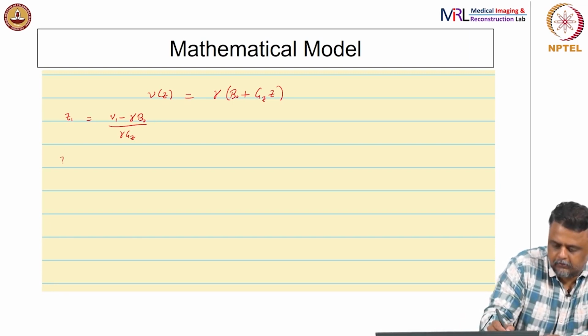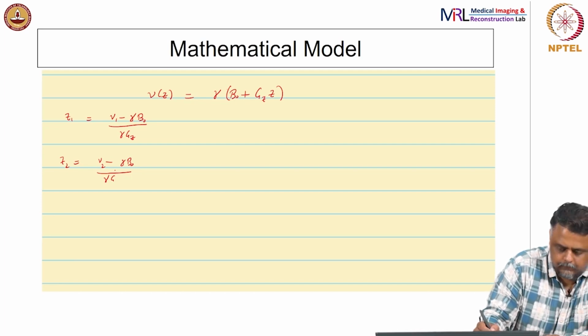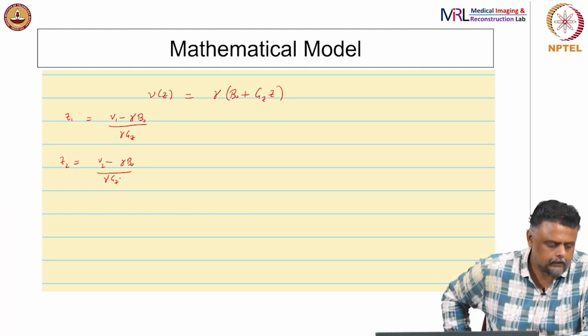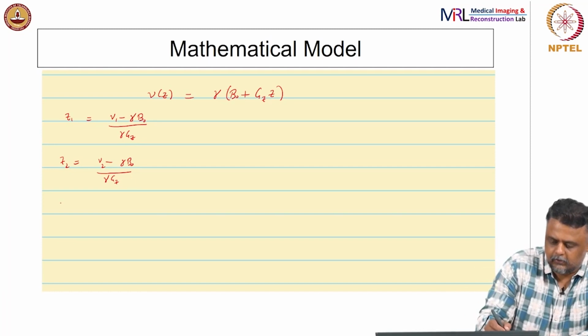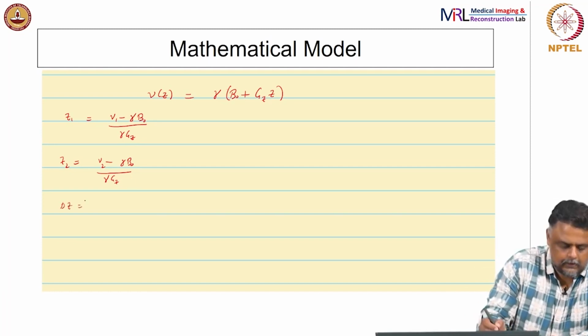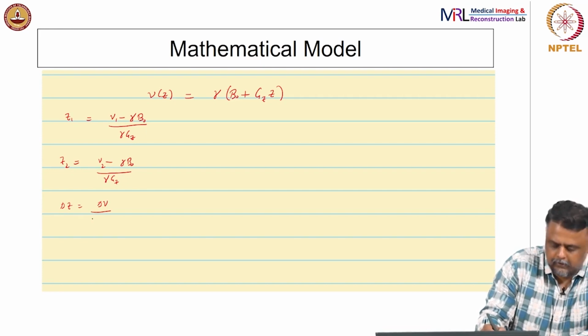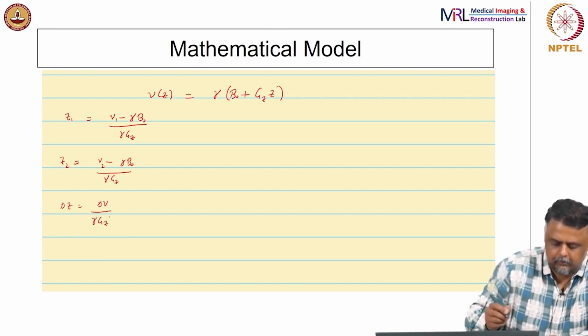Similarly, for z2 we can write, and then after some algebra we can write your slice thickness as a function of this delta nu divided by your gradient amplitude.